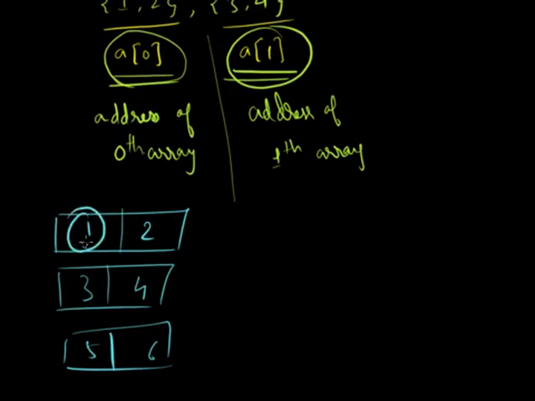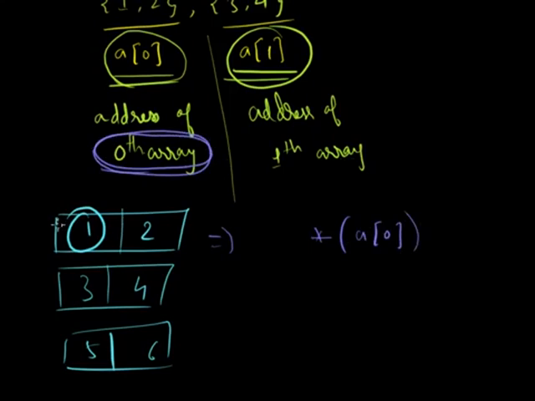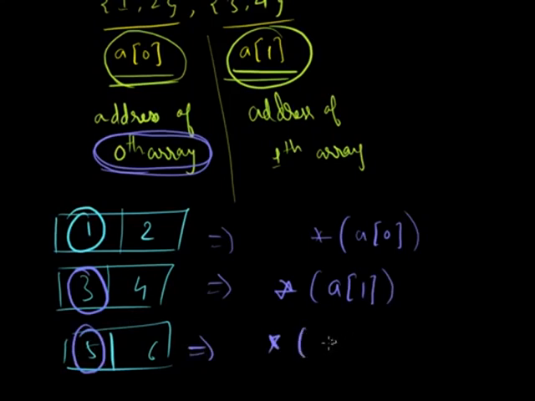To access 1, what we'll have to do is star of, the value of A0. That is the value at the 0th array, the value of the base address of the 0th array. To access 3, we will have to do value at A1. To access 5, we will have to do value at A of 2. I think it is making some sense now.